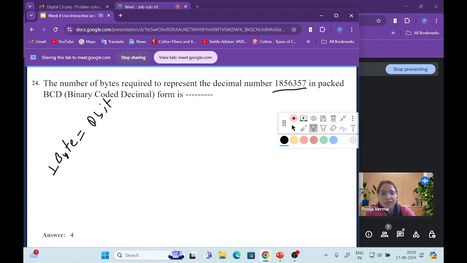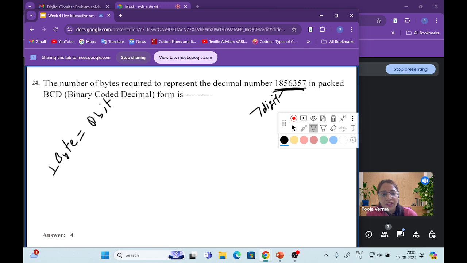So these numbers, how many bytes represent these numbers? So total number here, how many? It is a 7-digit number. It has 7 digits.